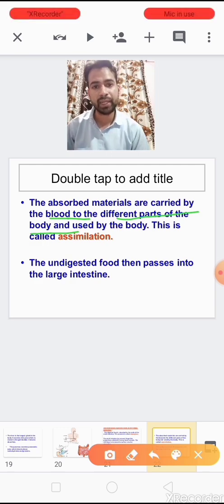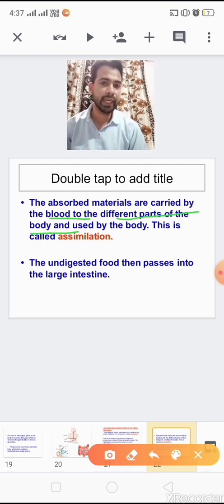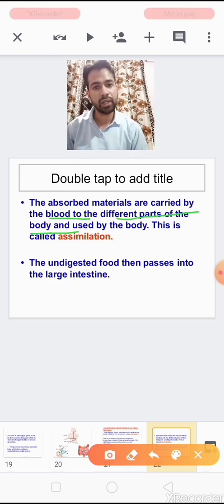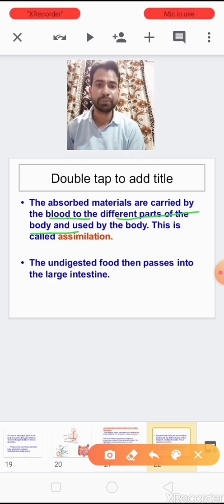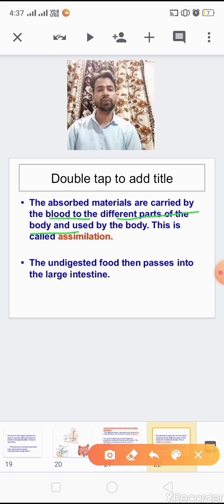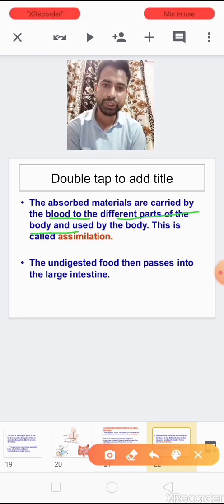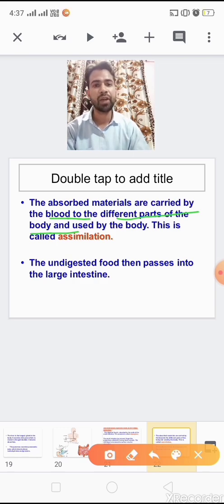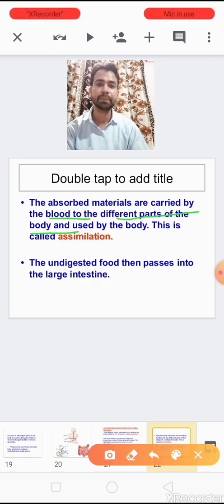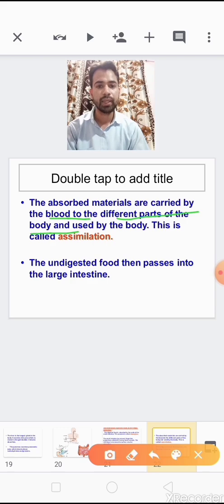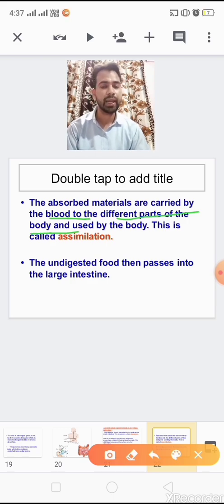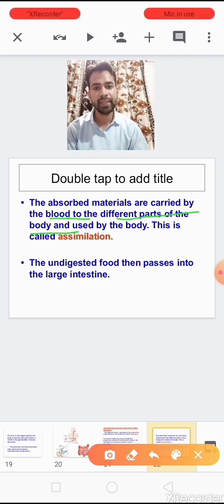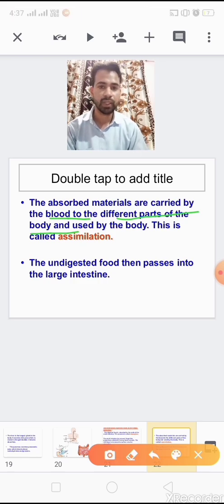The first one is ingestion, second digestion, third absorption, which we discussed right now, and the fourth one is assimilation. The absorbed food is transported to various parts of the body by blood, and the name of the process is assimilation. Clear?